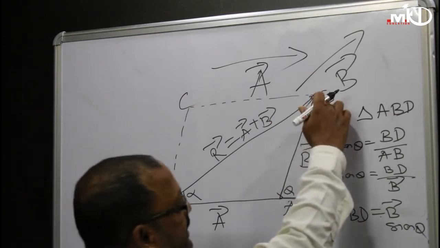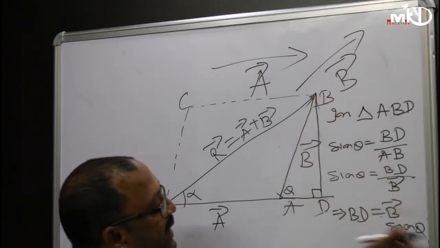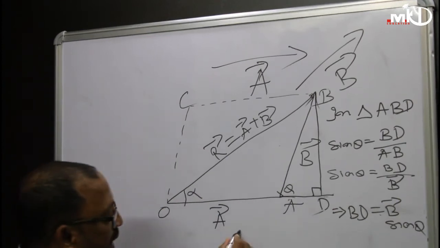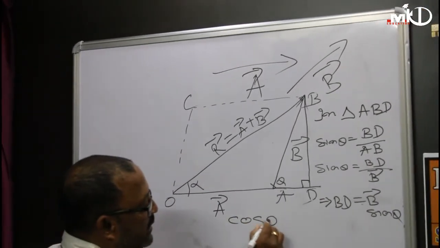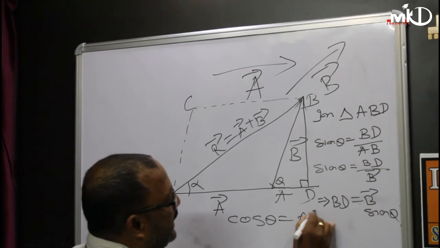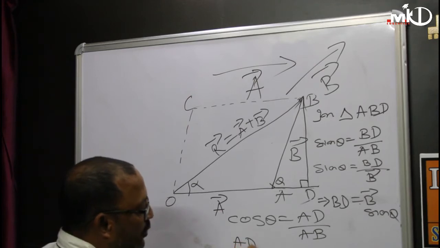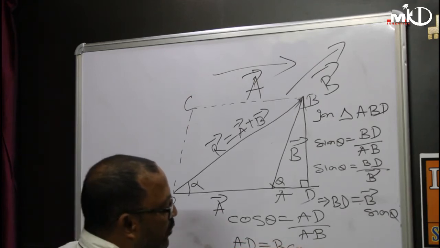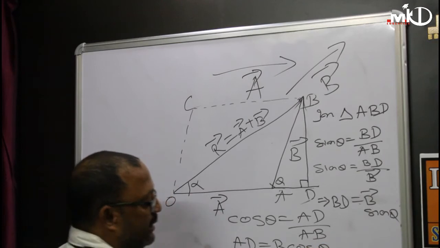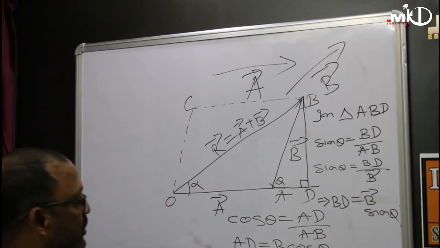So the value of BD is equal to B sin theta. Again, I have to find cos theta. Cos theta is equal to AD by AB. The AB value is B, as you already know, therefore AD is equal to B cos theta.